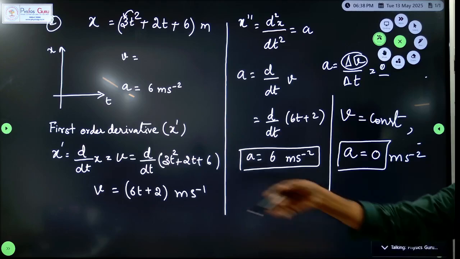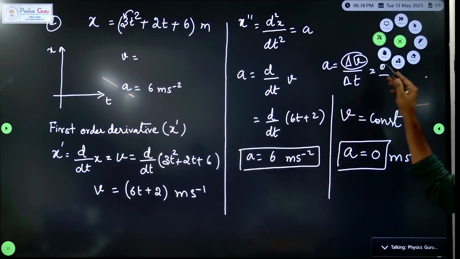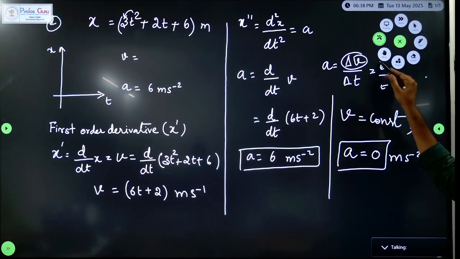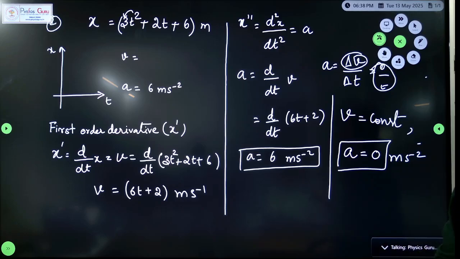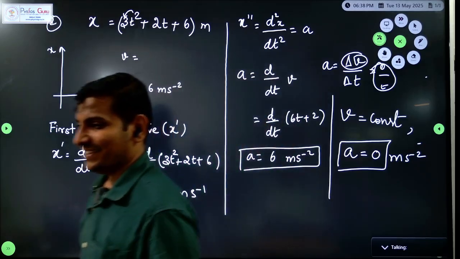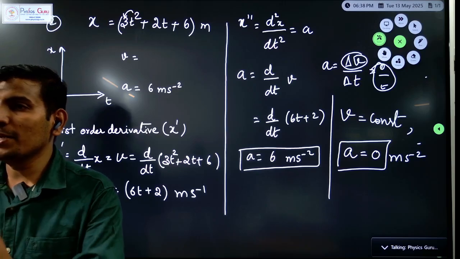No matter how long I observe, velocity is not going to change. So the numerator is 0. The denominator could be any number. So the total value is 0. So acceleration is 0. Fine.